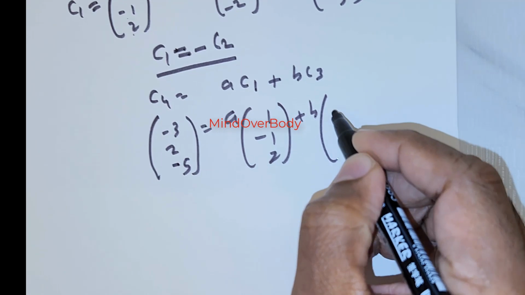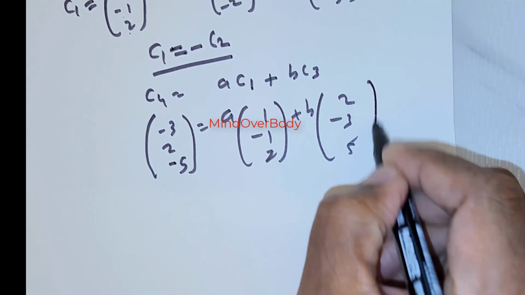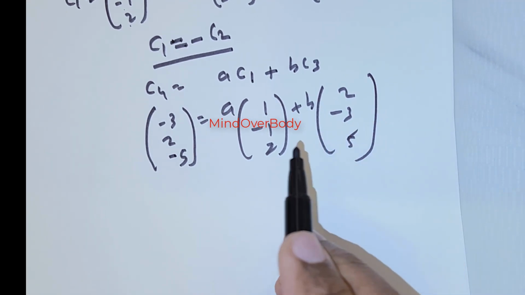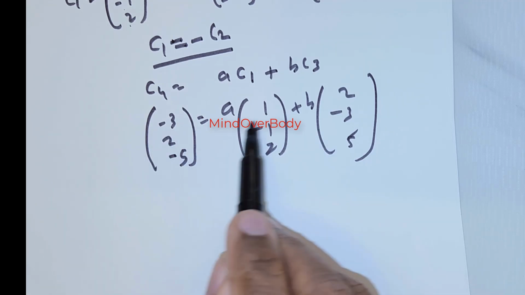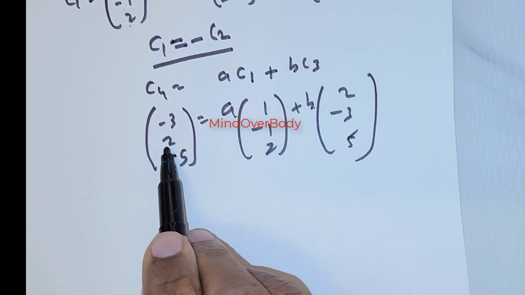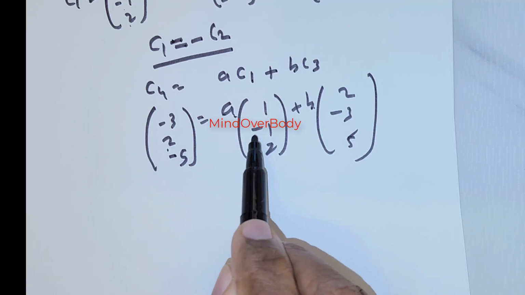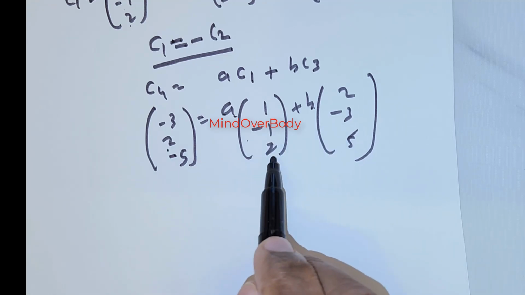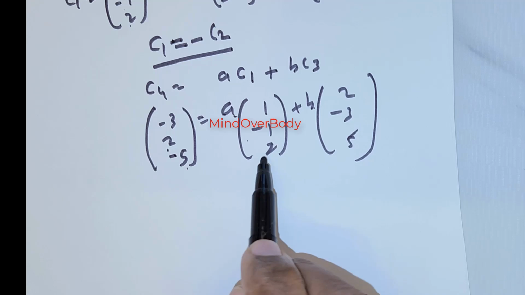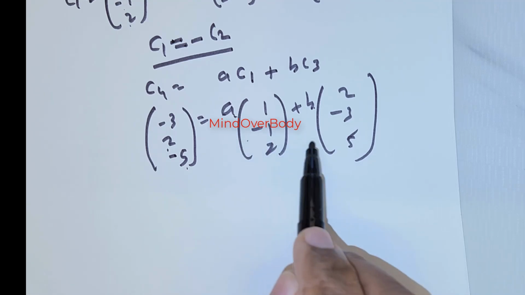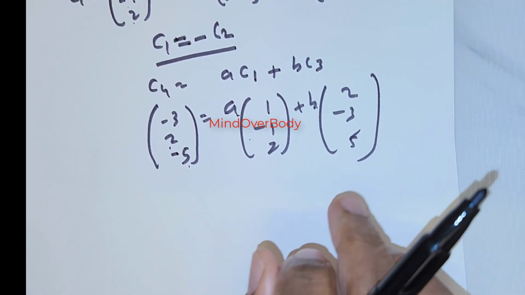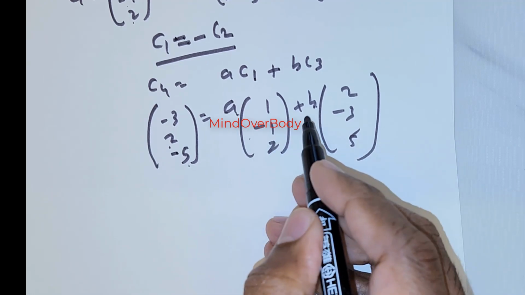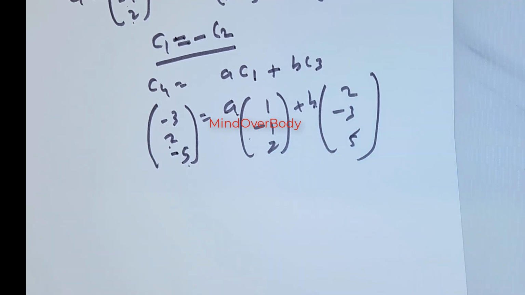B times C3 is 2, -3, and 5. So I need to get -3. Clearly it's possible. I need to get a positive 2. It is possible. I need to get a -5. Still it is possible. We have to extract A and B. So the objective is not to find the constants A and B. The objective is to find the number of columns that are truly independent.